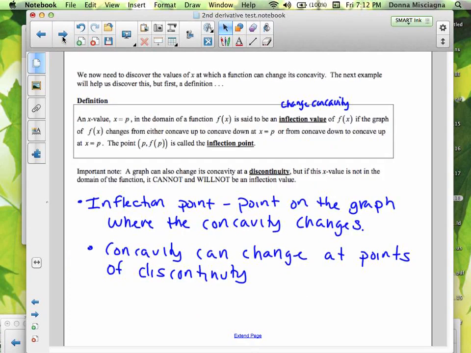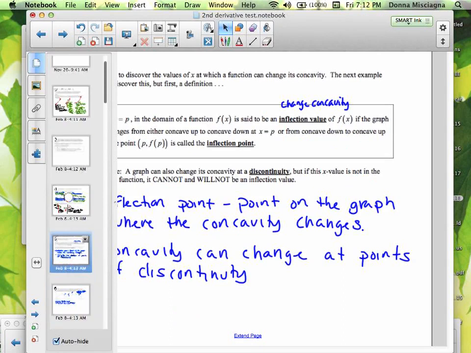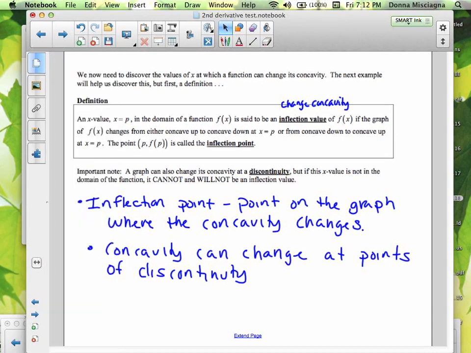I think the next problem I want to do together in class, because it would be another problem with me answering the questions, and that's kind of boring for me. So we're going to pick up learning how to find our inflection points and our changes in concavity in class on Monday.